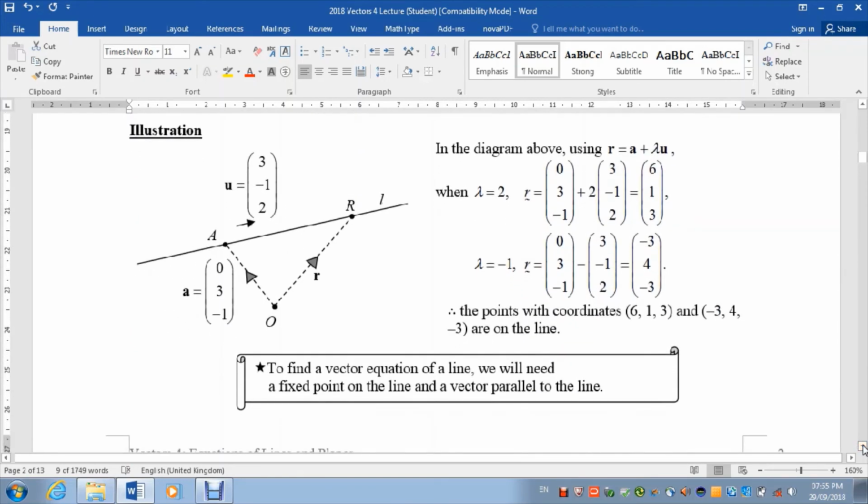To help you understand a little bit better, we give you some concrete examples.